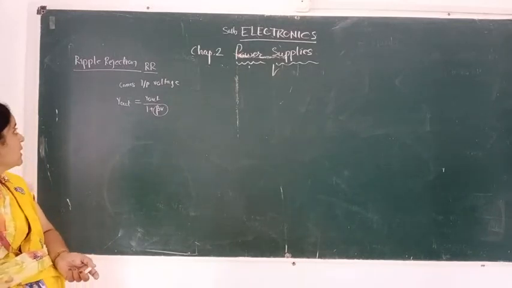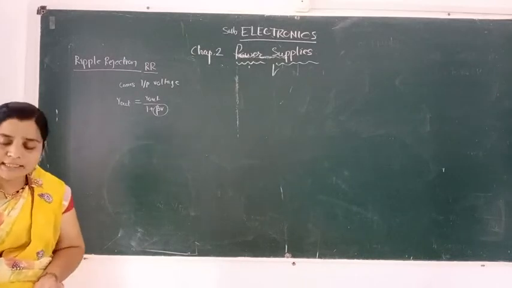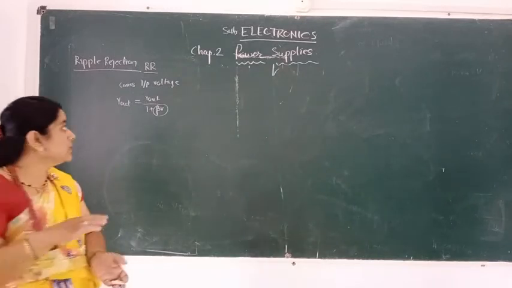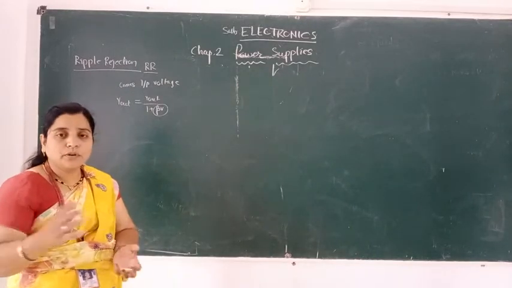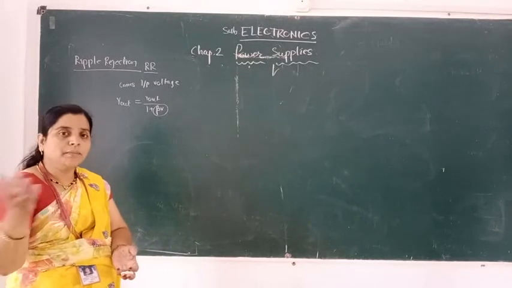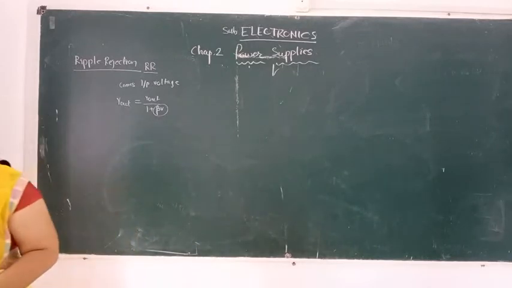In ripple rejection, when current or voltage flows from source to destination, its voltage goes back to its input voltage. That is called ripple rejection.